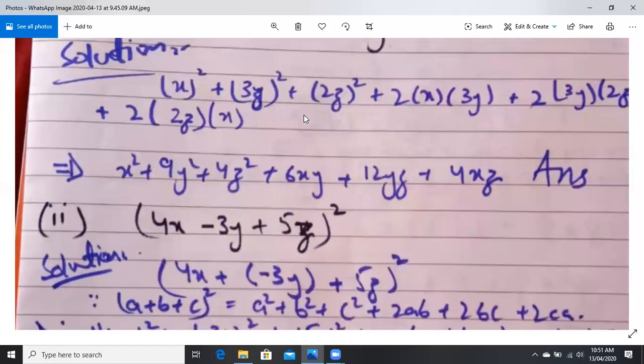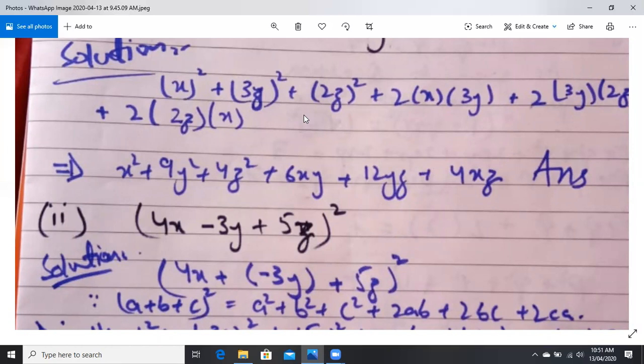Simple. The value of x square is x square. The value of square of 3 is 9, and the variable square is y square. Similarly, the numeric value, square of 2 is 4, and square of z is z square. So now we have 2x 3y.